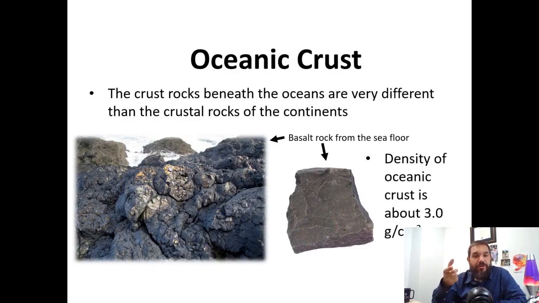Why is the ocean crust so much lighter than the whole Earth all put together? Any ideas? Of course, I can't hear your ideas, but maybe something to think of. If you're thinking it has something to do with the core, you would be right. Remember that the core is made out of really heavy iron. I don't know if any of you ever pick up a piece of iron, but it's very dense, right? So that iron actually gets even denser in the core due to the very intense pressures.